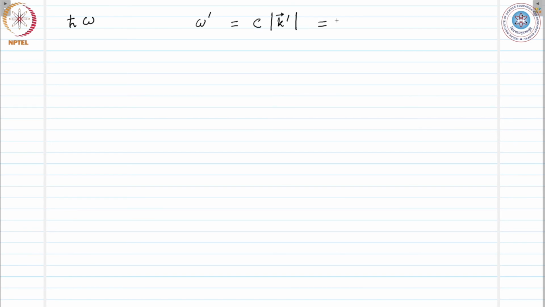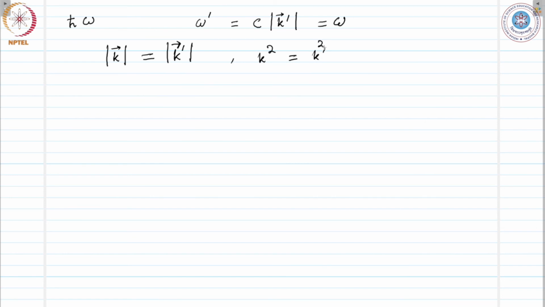And that must be omega because the energy is conserved, and this omega prime times h cross is the same as h cross times omega. So conservation of energy requires the absolute value of k to be equal to the absolute value of k prime, although they may be in different directions. That's allowed. In other words, k squared equals k prime squared.